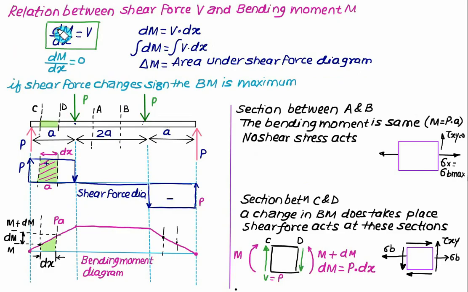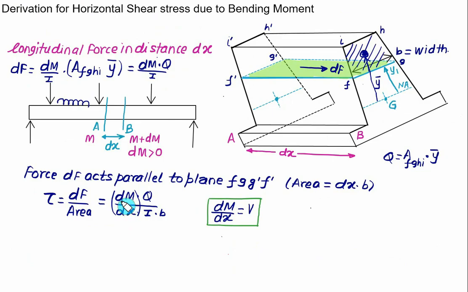There exists a relation between the shear force V and bending moment M, and we have the derivative of M with respect to x is the same as the shear force V. So we'll use this equation. This value of dM by dx is replaced by V. In that case we have shear stress tau equal to, in the numerator, V into Q divided by I, that is the moment of inertia of the entire cross section, multiplied by the width b at a distance equal to y1, where we are interested to know the shear stress.